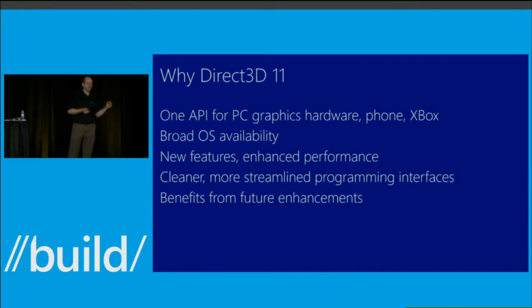And roughly 99-ish% of the hardware out there is DX feature level 9 and above, or at least the people that are relevant to playing a lot of the games that you guys create. And so you get to leverage all of those hardware pieces, all those different generations of hardware by targeting DX11. You also get to utilize phone and Xbox. So those are additional things you get by targeting that API.